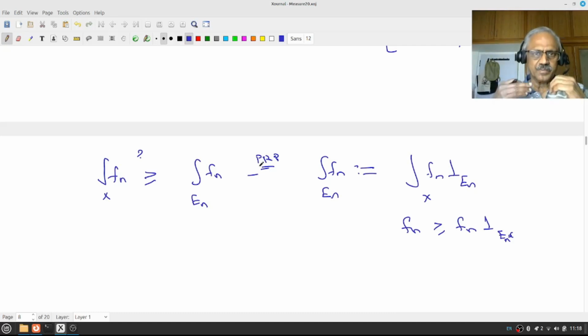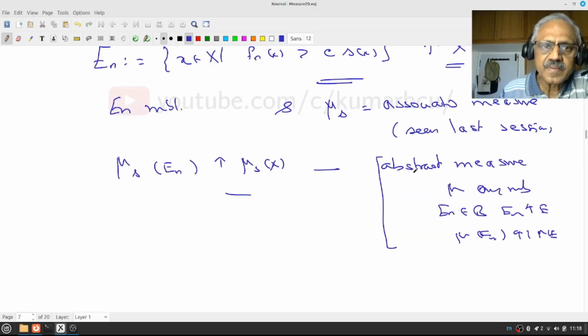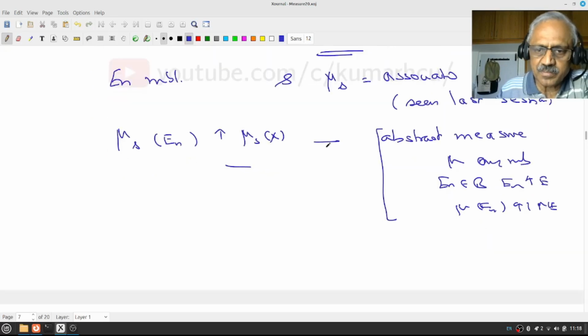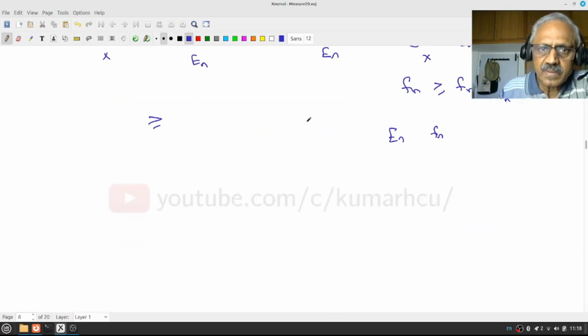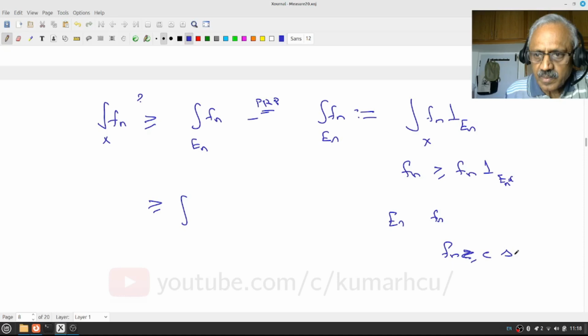Once you have this kind of complete understanding, you will see the thing. Now, on En, what is the role of fn? Remember, how did you define En? En is the set of x so that fn of x is greater than or equal to c times s of x. Therefore, this integral is greater than or equal to the integral of c times s of x over En, since fn is greater than or equal to c times s of x there.